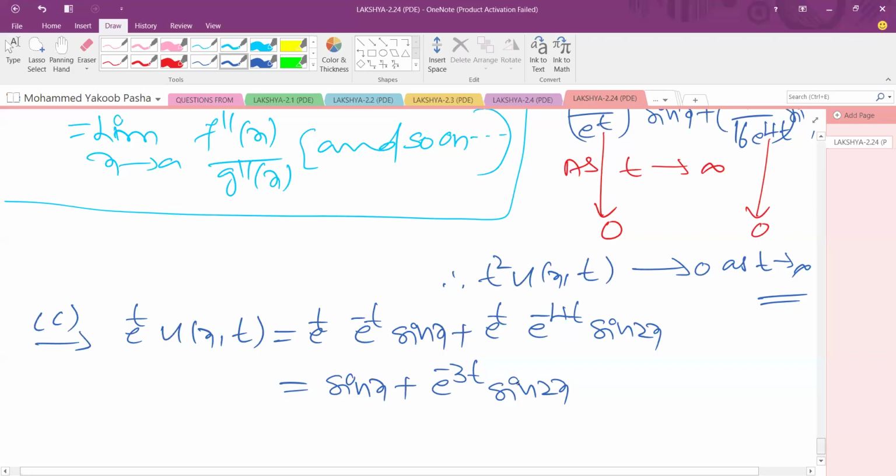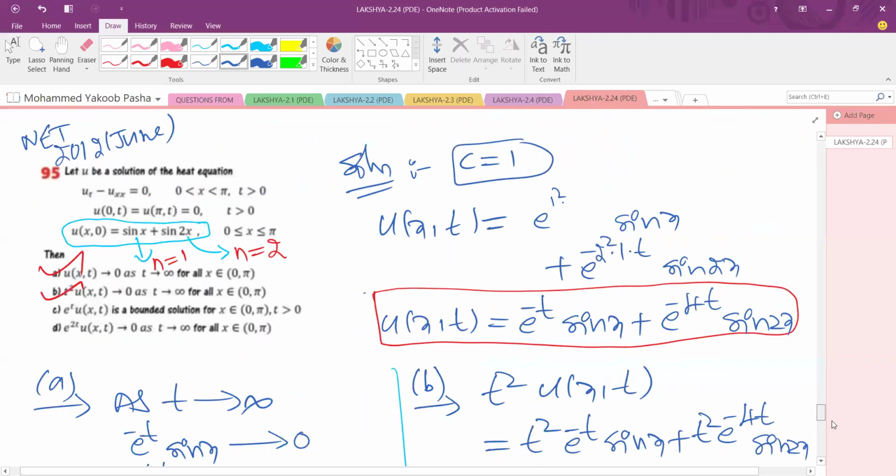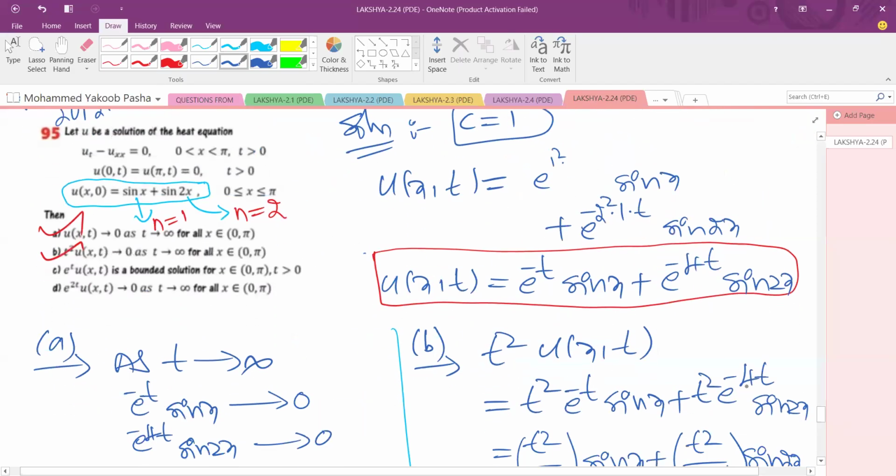What is the option C? Option C says that e power t into u of x comma t is a bounded solution for x belongs to (0, pi), t greater than 0.